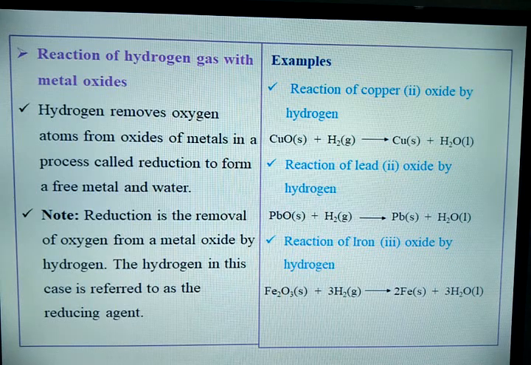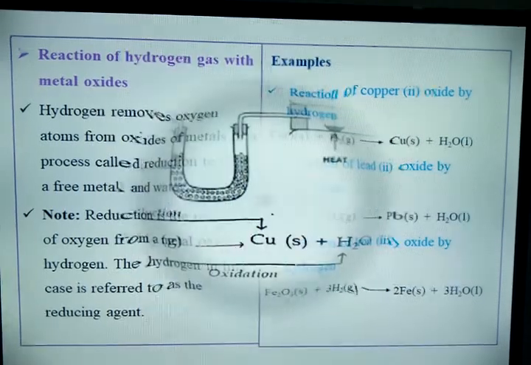When you look critically at these equations, hydrogen removes oxygen from copper, such that copper becomes copper alone in metal form. And the oxygen from copper is taken up by hydrogen. So one compound is being reduced as the other is being oxidized. So collectively we call such a kind of reaction a redox reaction.